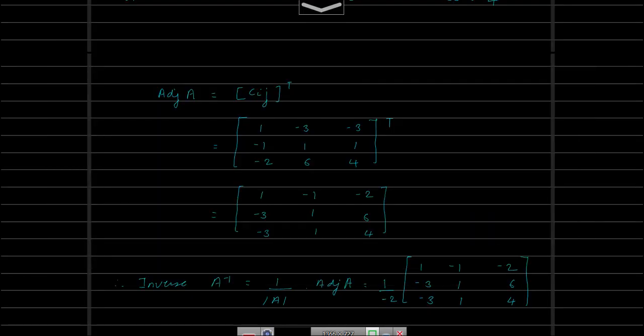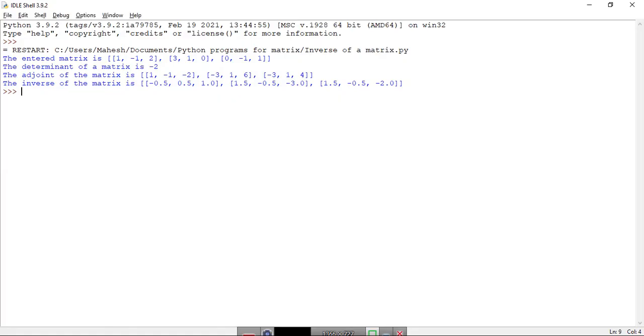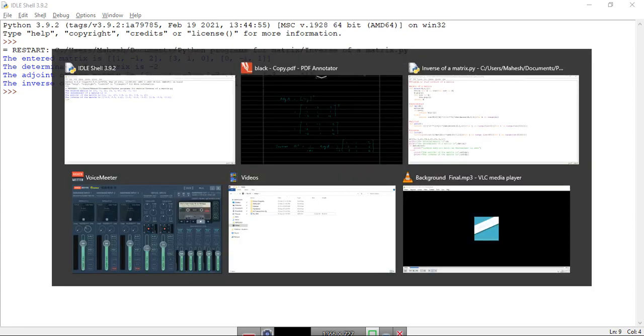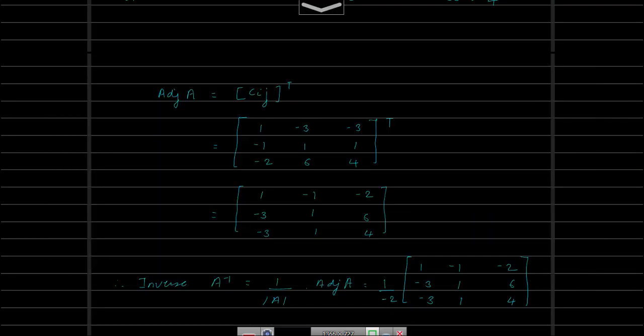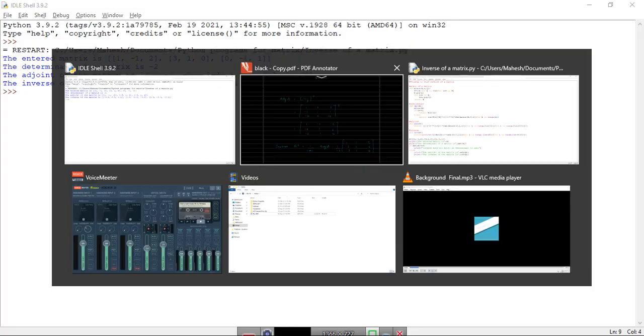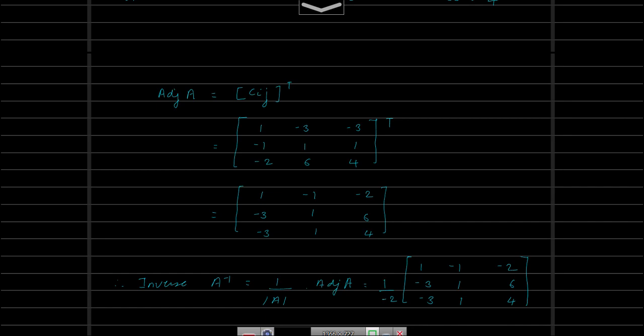Second vector, as you can see, is 1.5, minus 0.5 and minus 3. Let's verify the last vector. This is 1.5, 1.5, then minus 0.5, minus 0.5, and 4 upon minus 2, that is minus 2 and minus 2.